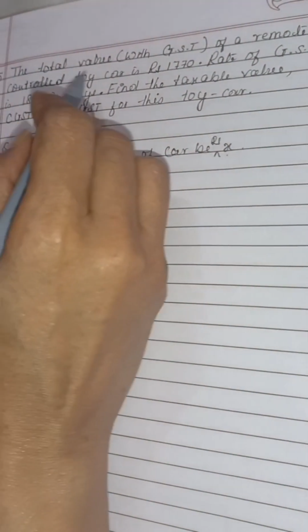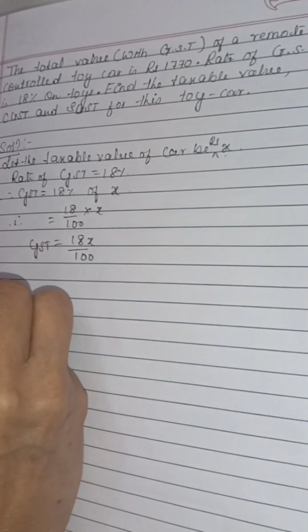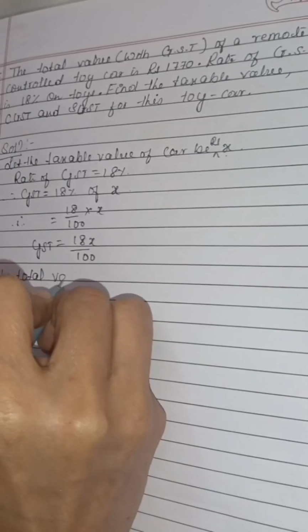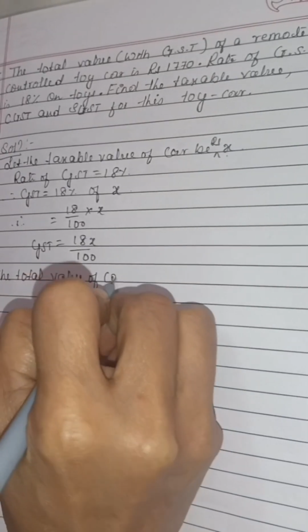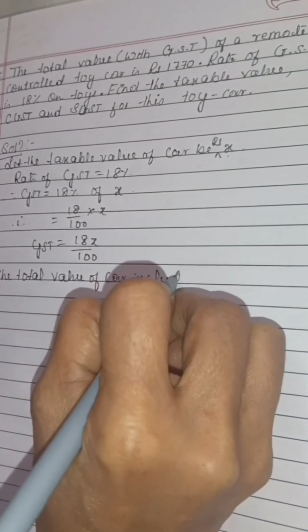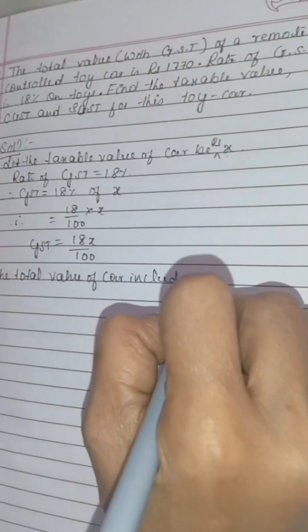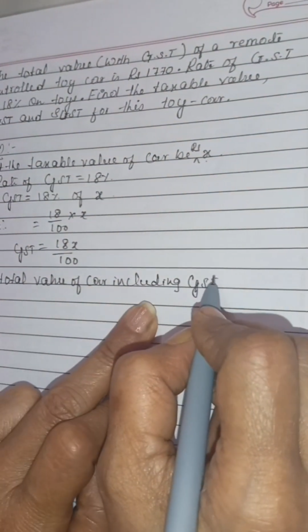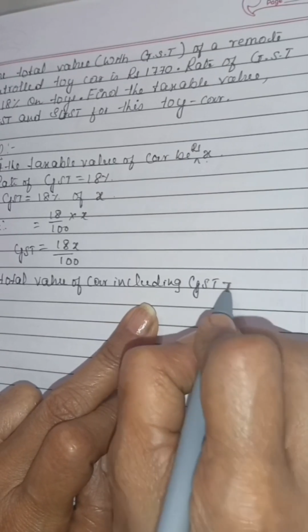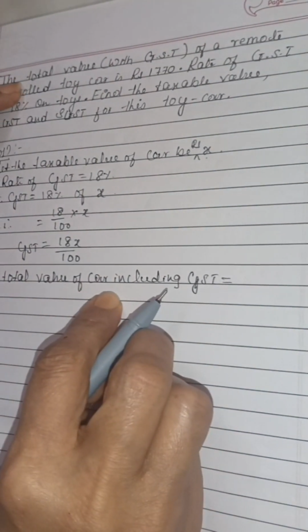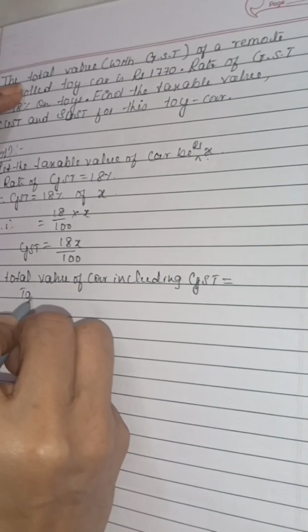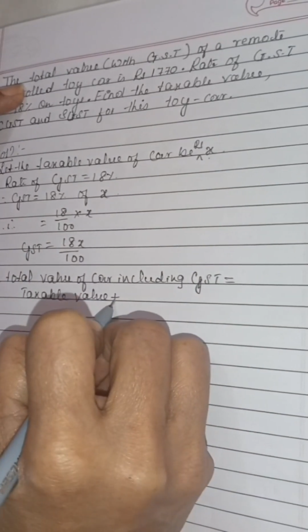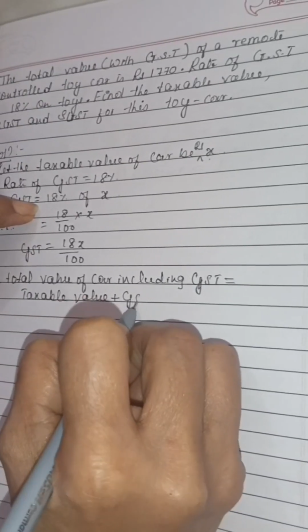See here, the total value of the car including GST, that is taxable value plus GST.